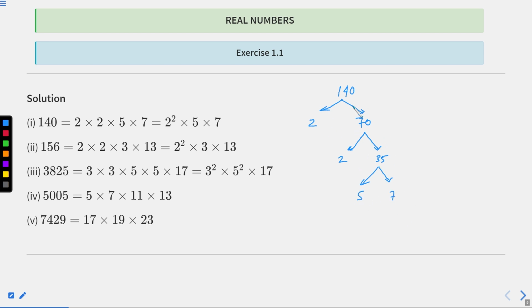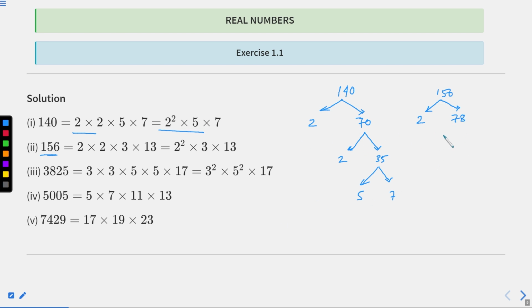So 140 can be expressed as a product of prime factors as 2 into 2 into 5 into 7, which is equal to 2 square into 5 into 7. The second number is 156. You can find its divisors, 2 and 78.